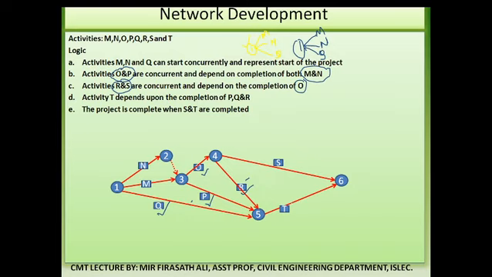The project is completed when S and T come to an end. So from where do we get S? Activity 4 constitutes S. So when S and T come to an end, this project will be ending.